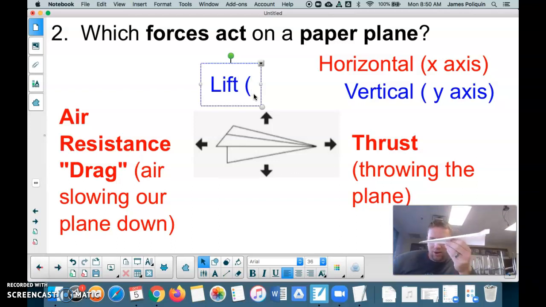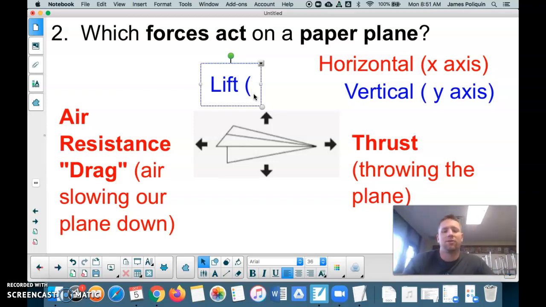You have air that is above your wings, and you have air that is below your wings. As your plane is moving, the air on top of the wings and the air below the wings actually move at different speeds. Because of that difference in speed, your wings can help keep your plane in the air. So the lift comes from moving air, but the lift is wings.